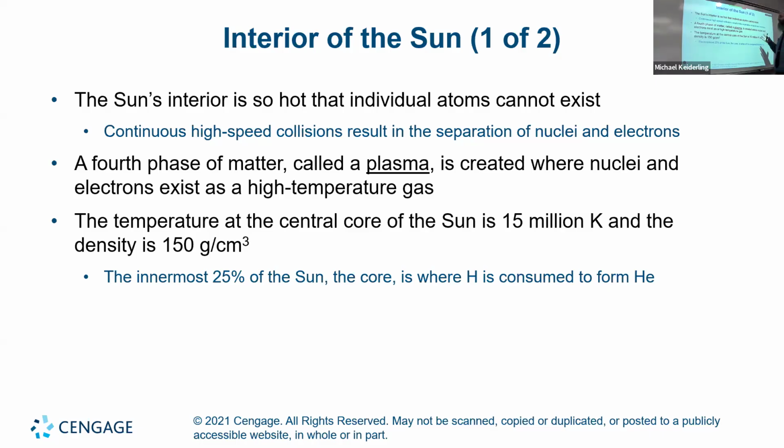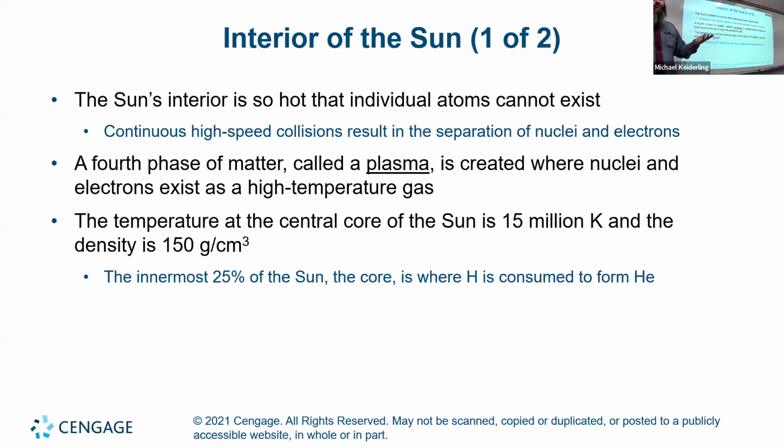It's where a mixture of ions and electrons exist as a high temperature gas. In the sun, it's basically nuclei and electrons, because it's mostly hydrogen, so it's just free nuclei and free electrons flying around.